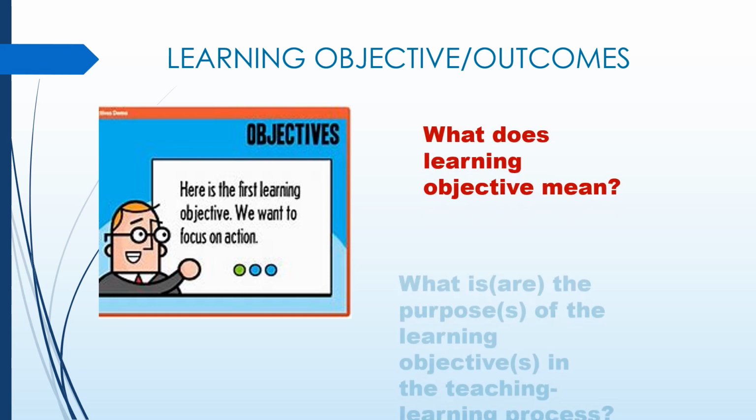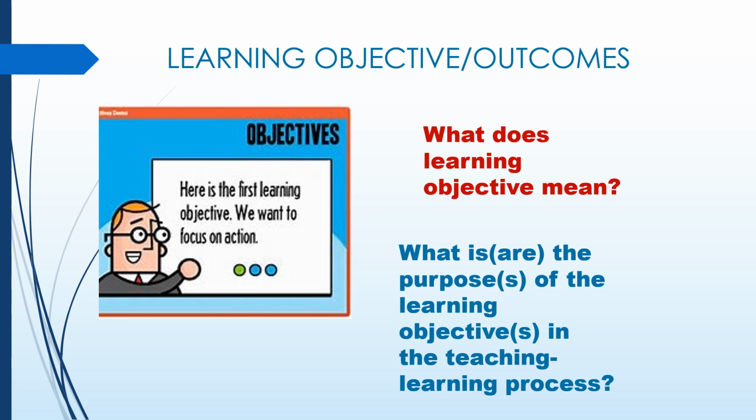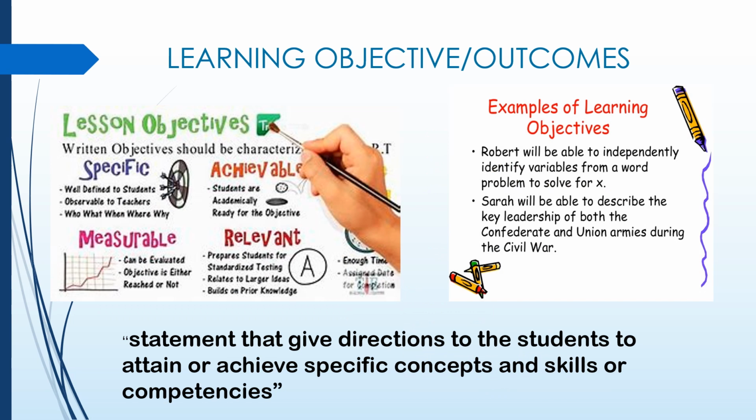What do you think is the purpose of the learning objective in the teaching learning process? Learning objectives are statements that give directions to the students to attain or achieve specific concepts and skills or competencies. The formal definition of learning objectives will be elaborated and discussed thoroughly in the next lecture.